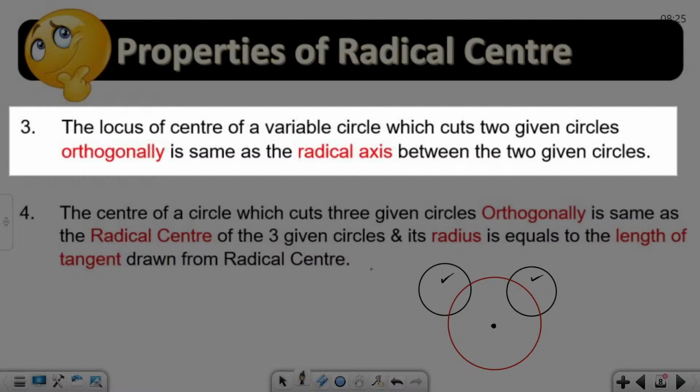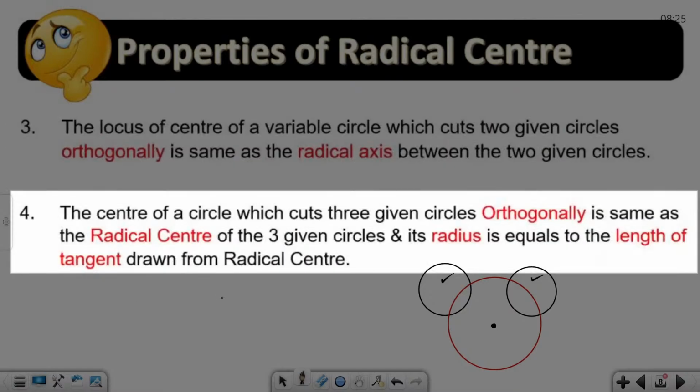Is it clear? And last but not the least, this property states that if there are three circles, and if there is a circle which is intersecting these three given circles orthogonally, then the center of this circle will be same as the radical center for these three circles.